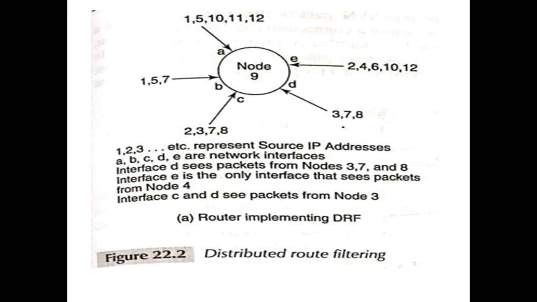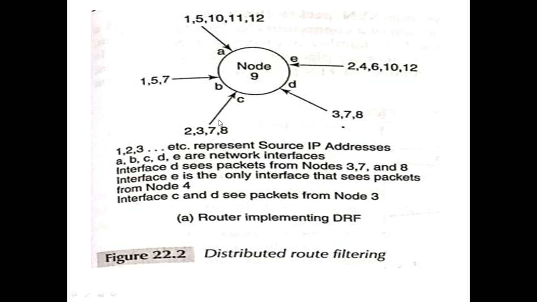Now if you see, the numbers you are seeing, 1, 2, 3, 4, 5, 6, 7, 8, 9, 10, 11, 12, represent the source IP addresses, whereas A, B, C, D, E are the network interfaces.